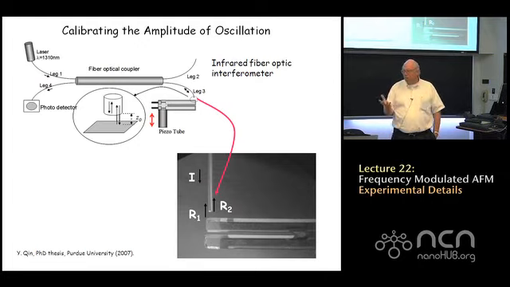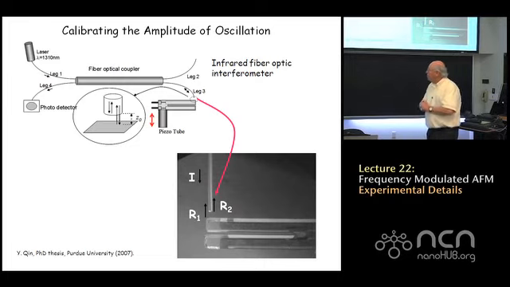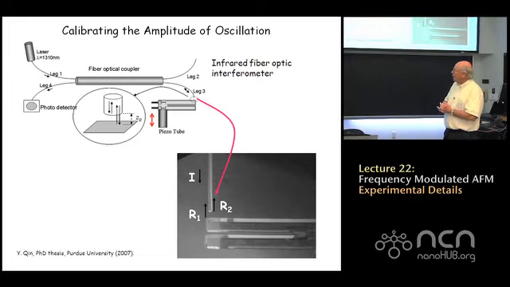So this problem is equivalent to the problem of converting the voltage in the position-sensitive photodiode to a displacement in nanometers, right? I think there was a whole lecture devoted to that calibration in AM AFM about a month ago. You have to go through a similar calibration here, and the way we did it was to build a simple laser interferometer.